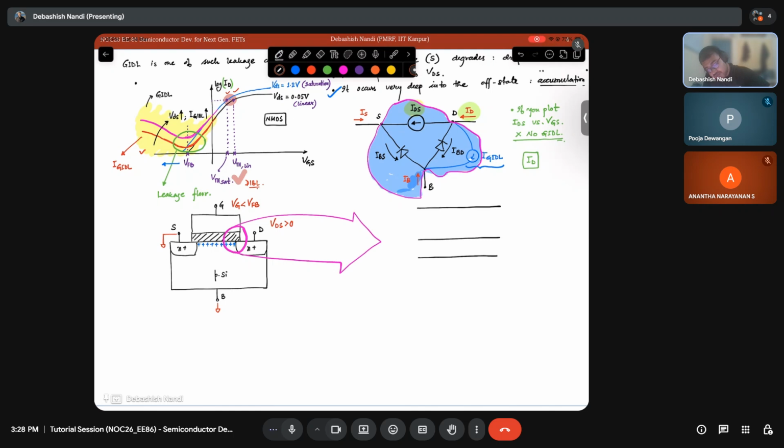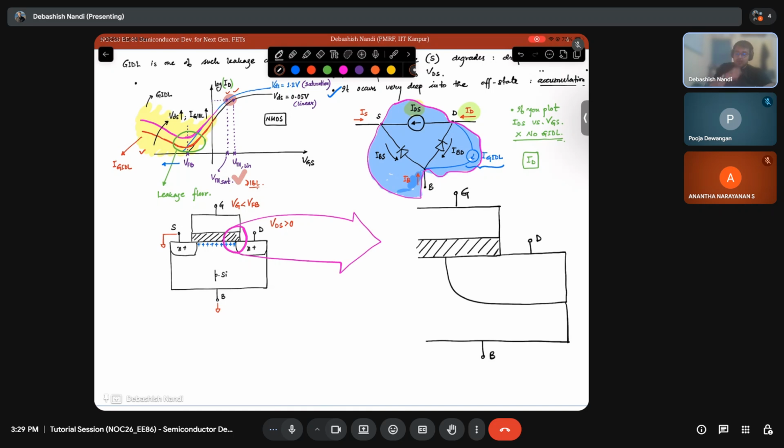So let's say you have something like this. This is drain, this is oxide, this is gate. This is P type, and this is N plus type.